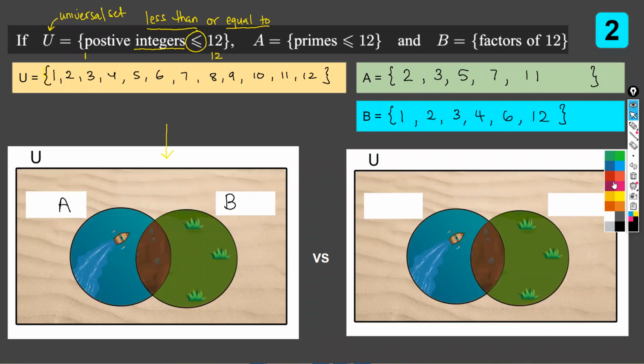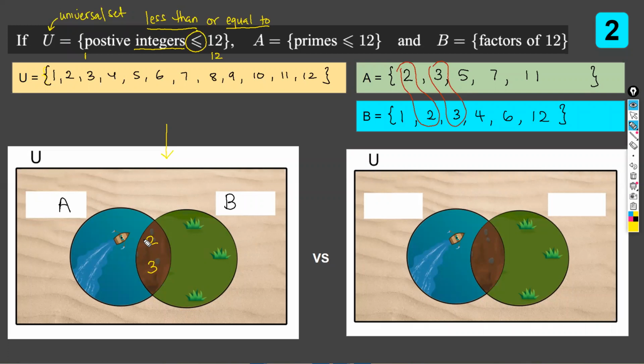It looks like 2 is common between both of them, and the 3. Is there anything else? I think it's just 2 and 3. So what will go in the mud region? 2 and 3. You notice I only write the 2 once and I only write the 3 once. In Venn diagrams, values cannot be duplicated. You cannot write a value twice.